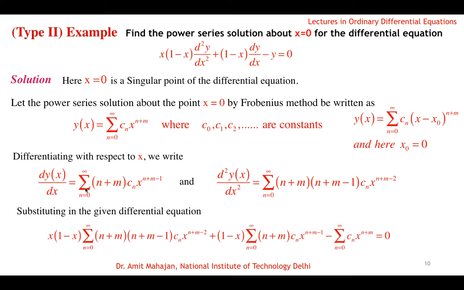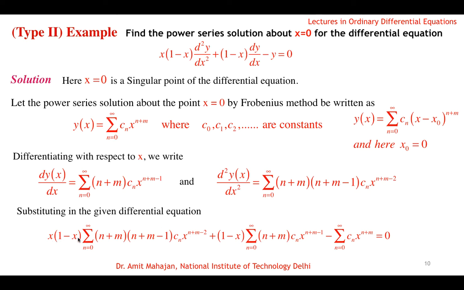So x times (1 minus x) times the second derivative, plus (1 minus x) times the first derivative, which is this series, and minus y, so minus this series.